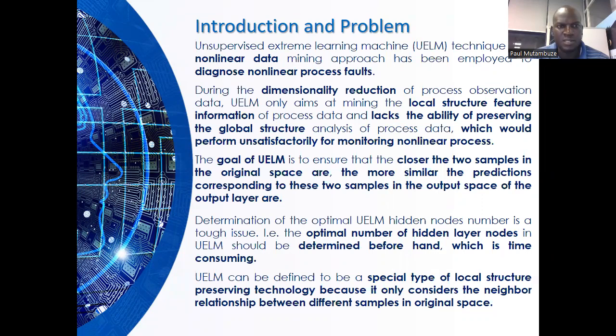This is mainly in industries, but during the dimensional reduction of the process observation data, UELM only aims at mining the local structure feature information of the process data and lacks the ability to preserve the global structure of the process data, which would perform unsatisfactorily for monitoring nonlinear processes.